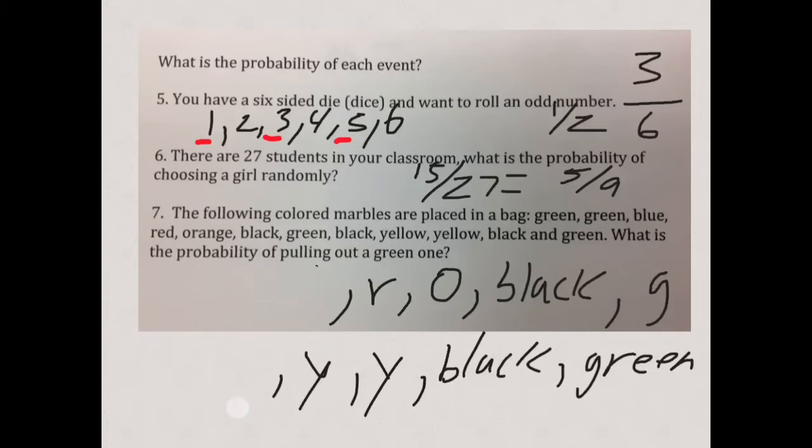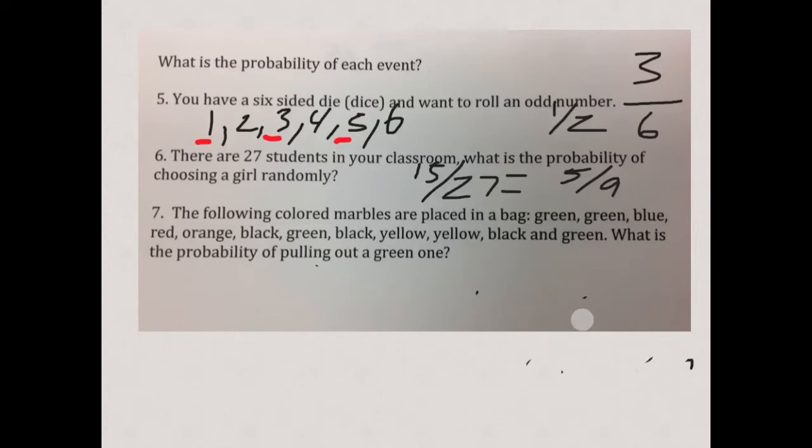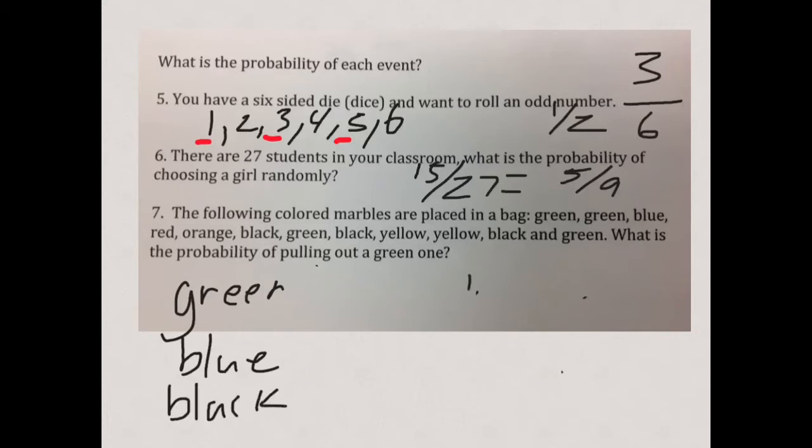I've seen some people do that. Now, another way, you could even make like a little chart. So let me show you what I mean. Okay, I see green, blue, black, red, orange, and yellow.